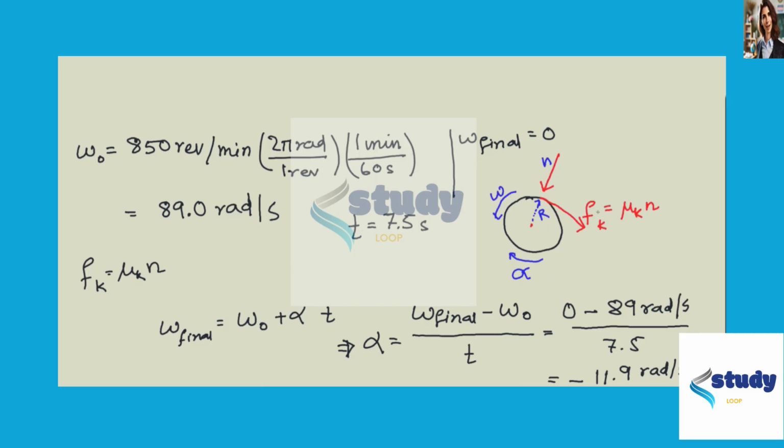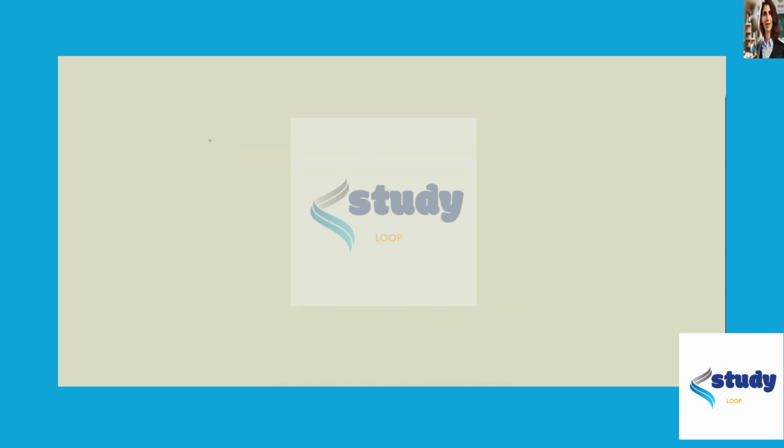So the reason we're doing this is because we can figure out the torque equation, tau equals I times alpha, and using this equation with the frictional force equation mu k times n, we can figure out mu k. Let's see how we can do that.